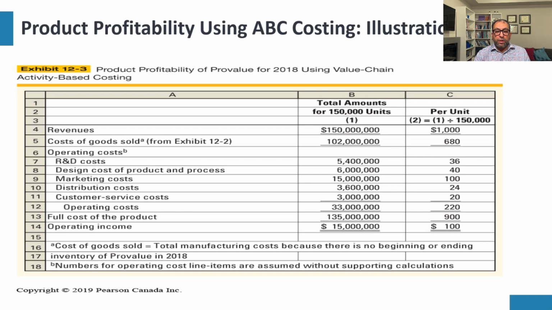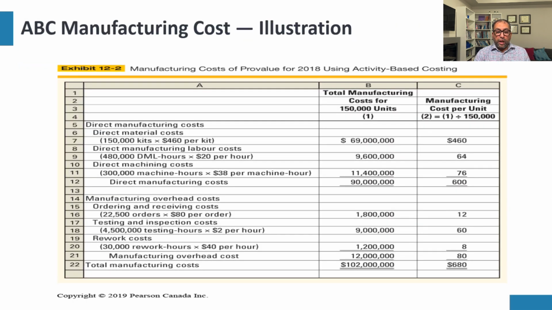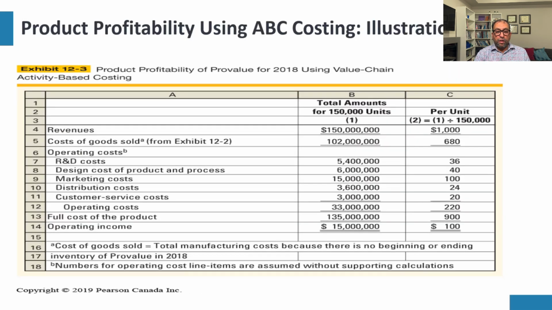The cost of goods sold is 102 million, which we calculated here. And then we also add up the other costs. Other costs means the research and development cost, design cost of products and processes, marketing cost, distribution cost, customer service cost, operating cost, the full cost of the product.